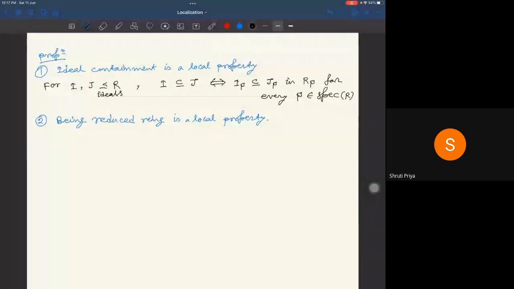Okay. So what is this reduced ring? Can anyone recall what a reduced ring is? That is the ring that has no non-zero nilpotent element.